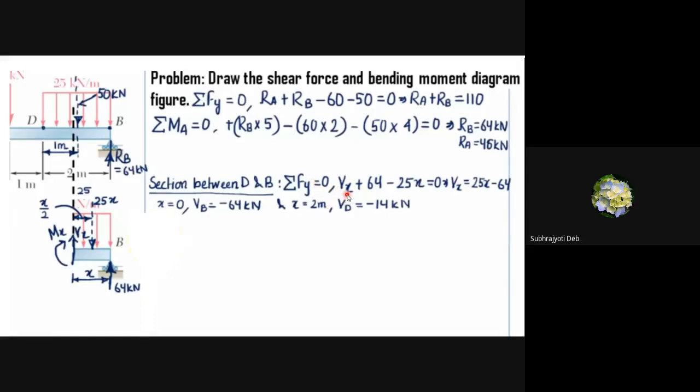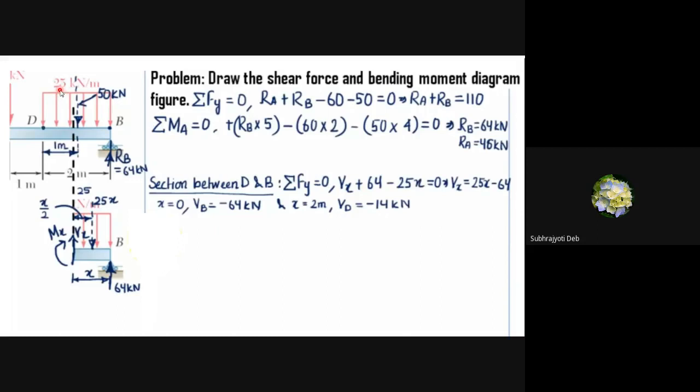So Vx, upward, hence positive, plus 64, this force, minus 25 into x.